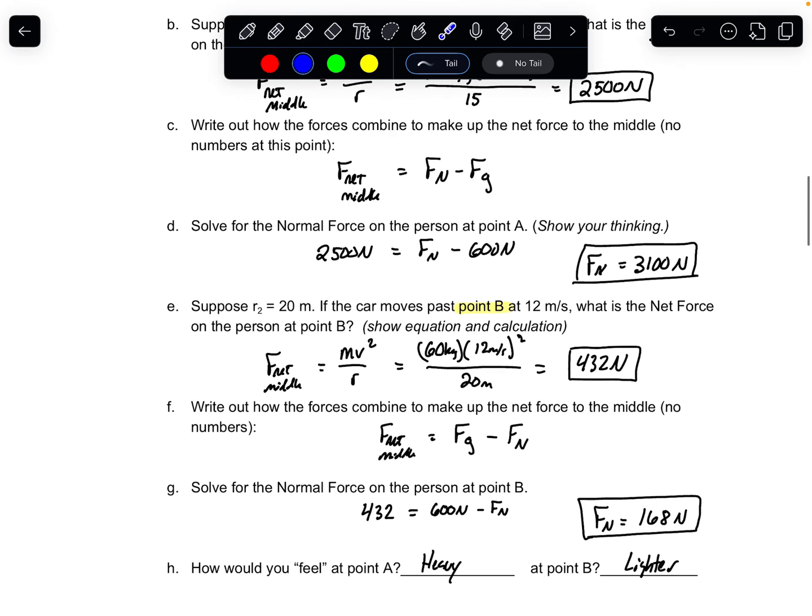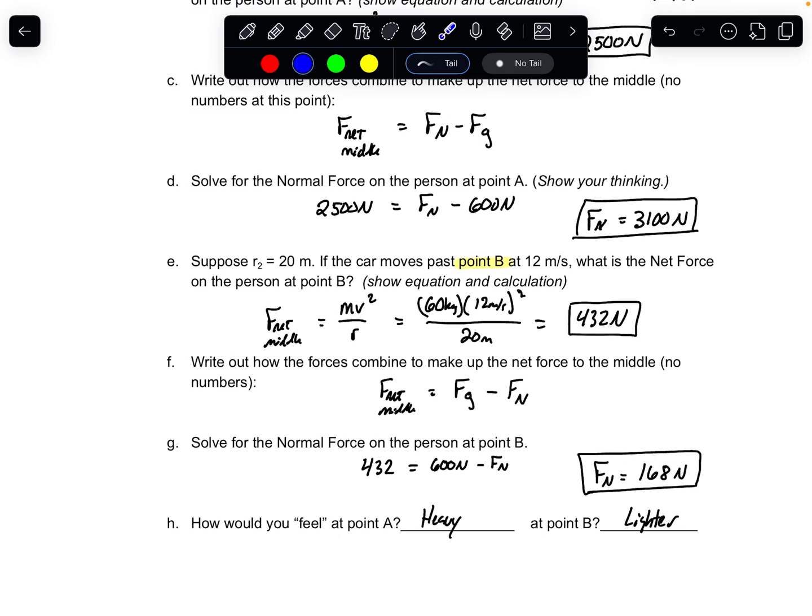All right, similarly, at point B, I can find the net middle force that's required to keep that moving in a circle. At that point it is 432 newtons, by taking 60 kilograms times 12 meters per second squared and dividing by the radius. That answer is made up of the gravitational force, the weight, minus the normal force from the track.